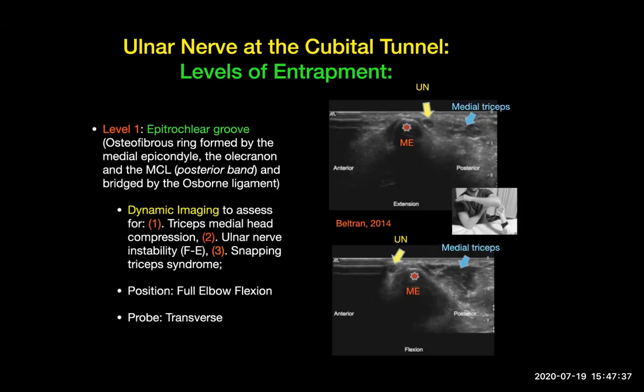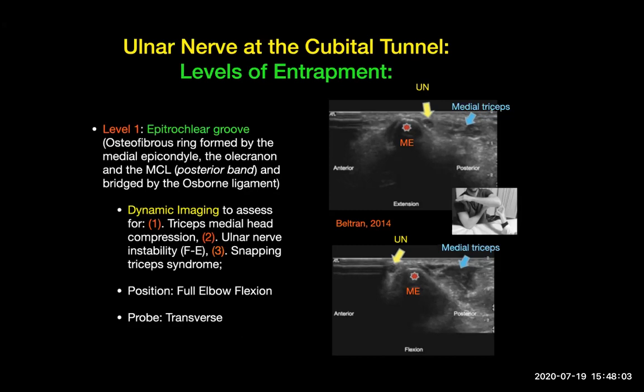And then beside the ulnar nerve, sometimes you can see the medial head of the triceps as well. So you do a dynamic imaging. You flex and extend the elbow to assess for number 1, triceps medial head compression. If there is a compression already happening with the triceps, then number 2, there could be ulnar nerve instability.